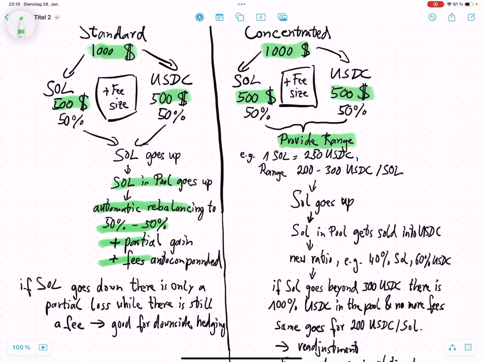These are the two aspects of an appreciation that you will have in the standard liquidity pool. This, of course, also applies if SOL goes down, then there's only a partial loss, while there's still a fee to be earned. So this makes it very attractive, especially in volatile markets where a lot of trading volume is happening, and you want to have a hedged situation, and you want to hedge the downside of the SOL, the maybe not stable crypto asset that you have in this pool.